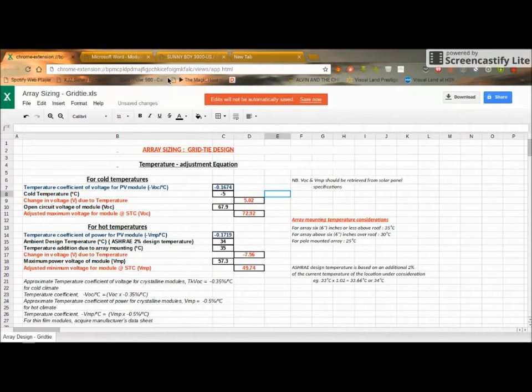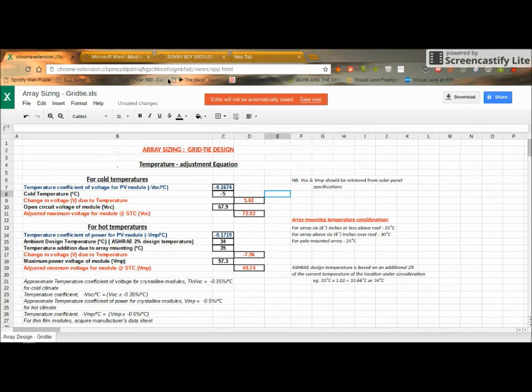What role does the inverter play? Well, remember, the current from the modules when the sun hits them is transferred to the inverter. The inverter is what produces the energy.